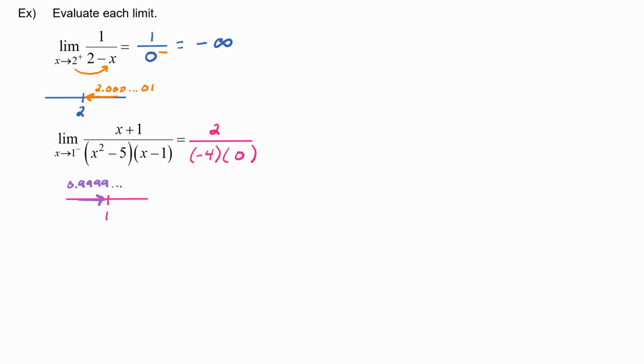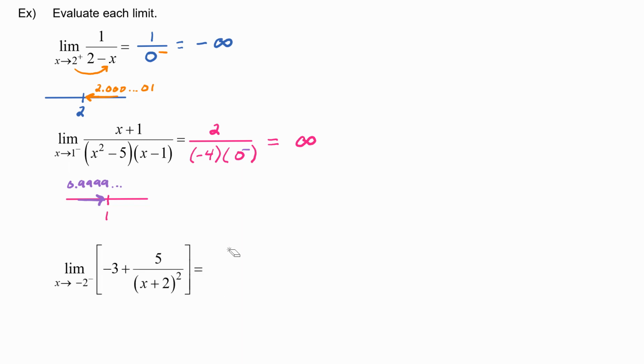If we take that number temporarily and plug it in and subtract 1, we see that we are going to get a tiny little negative value. So now we have a positive in the numerator, 2 negatives in the denominator. So our result is going to be a positive number, and because we have that 0 minus in the denominator, this is going to infinity.